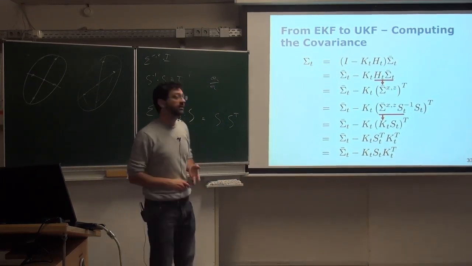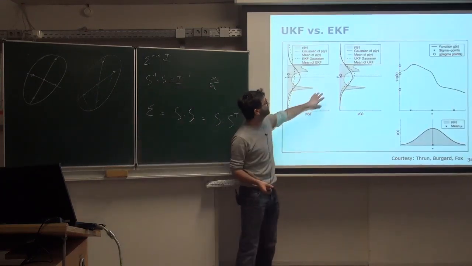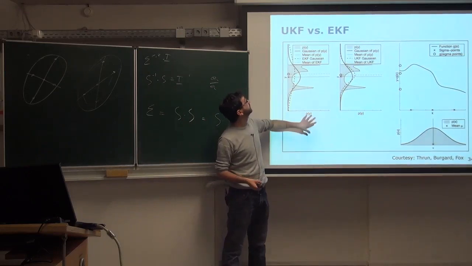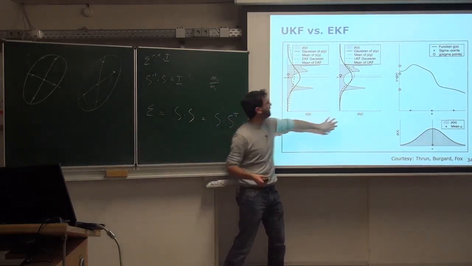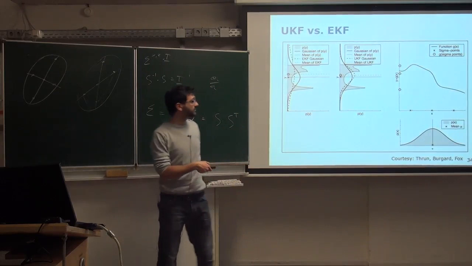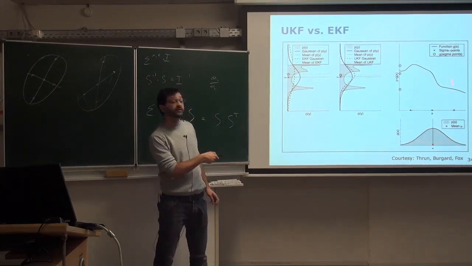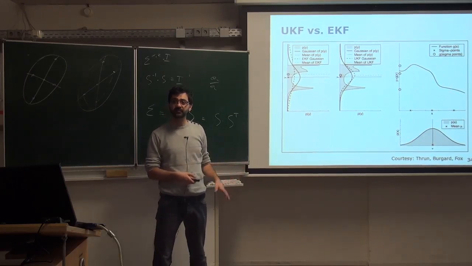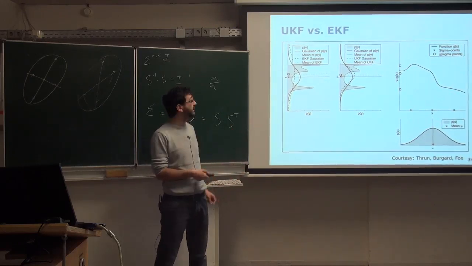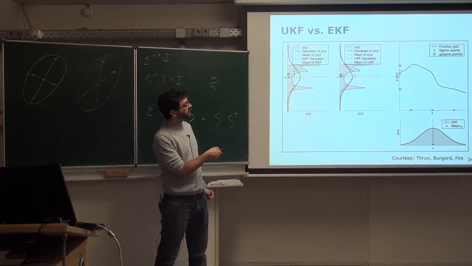Okay, so if you now have a look at the differences between the UKF and the AKF, you will see that when we project this random variable through this nonlinear function, so that's the same plot as before, but now in comparison with the AKF, we get a better approximation of the true first two moments of the distribution.